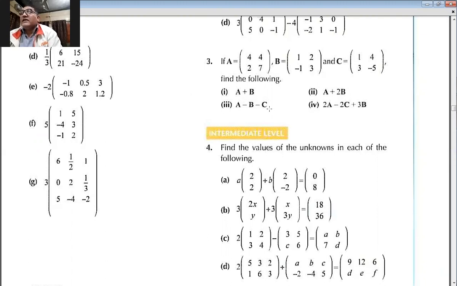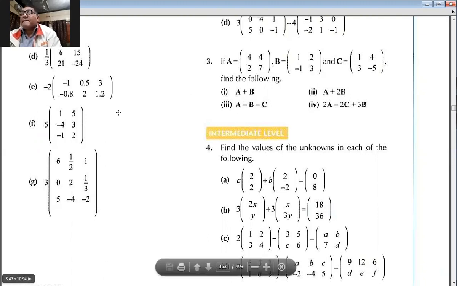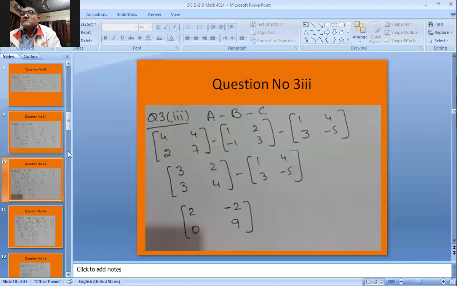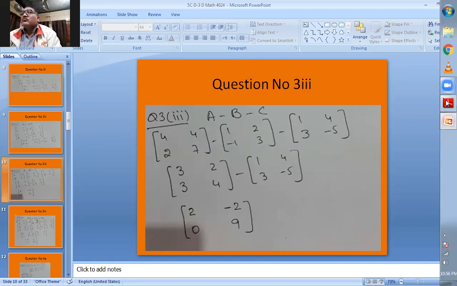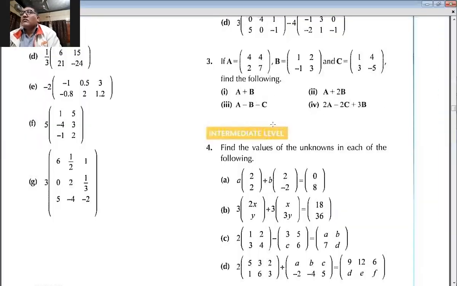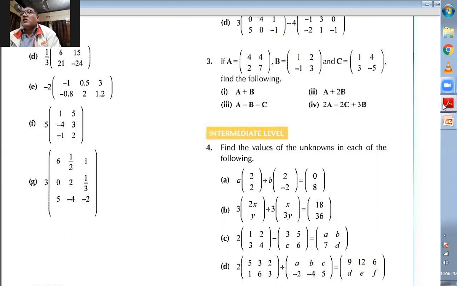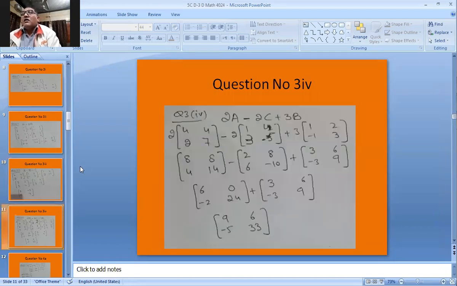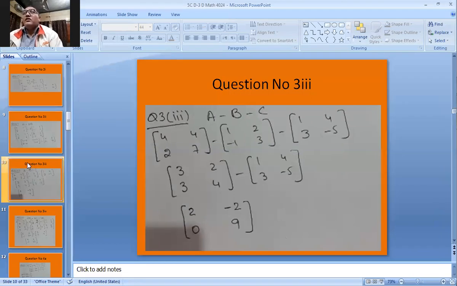We have to find A minus B minus C. First of all, we have to do this part 3 basically.